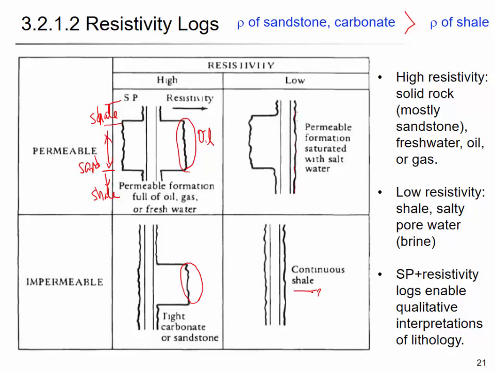So by looking at the SP and the electrical resistivity log together, you can qualitatively identify the formation. Especially they are looking at the permeable formation, right? Because it's easier to produce the hydrocarbon from the permeable formation.